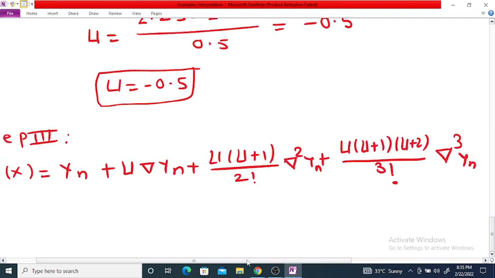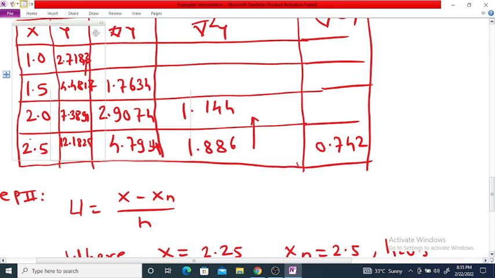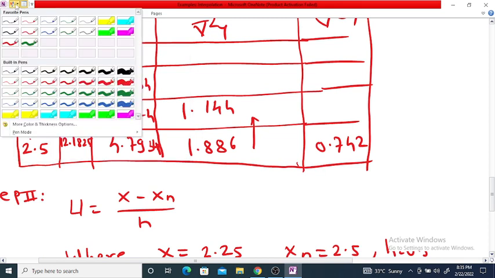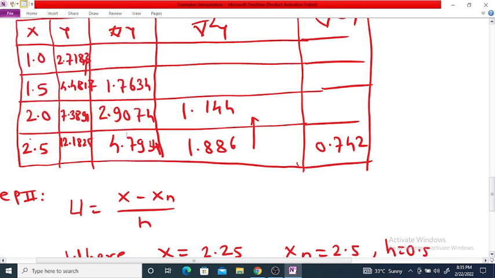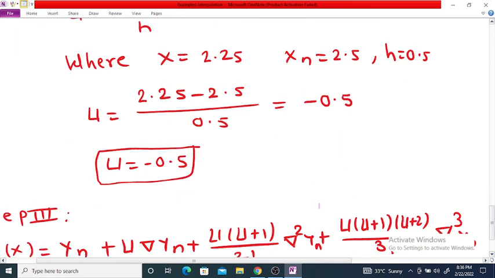So now we substitute these values, using the backward difference table.